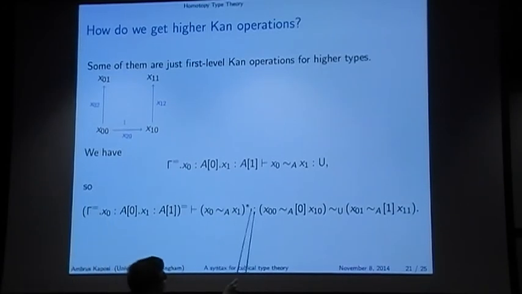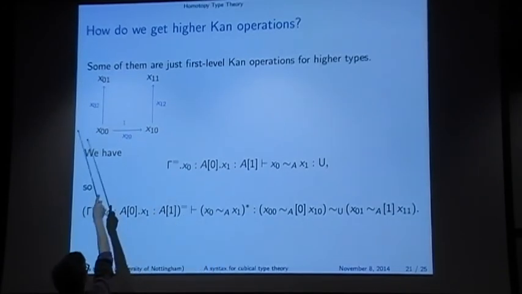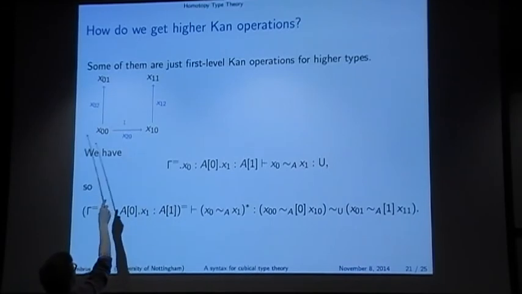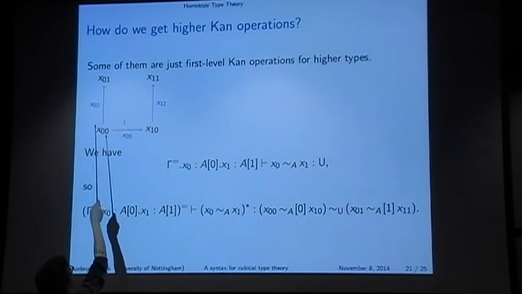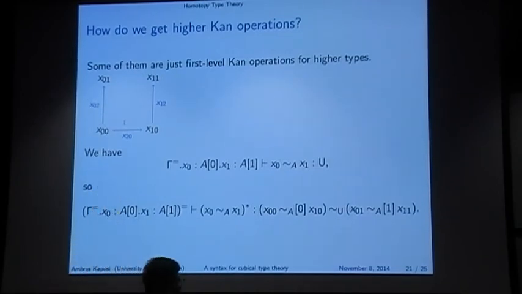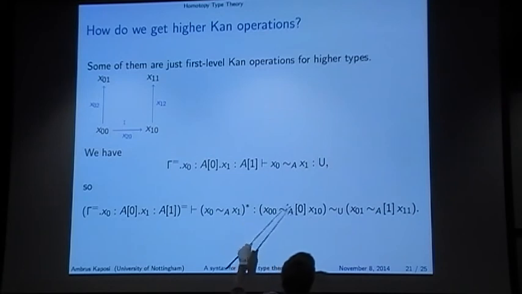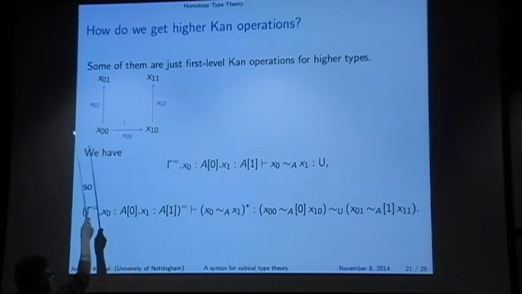And this says that the type of these lines connecting x00 to x10 is equal in the universe to the type of those lines x01 to x11. So in particular, we also get a coherence function from this type to this type, which is just the filler for horns of these forms.